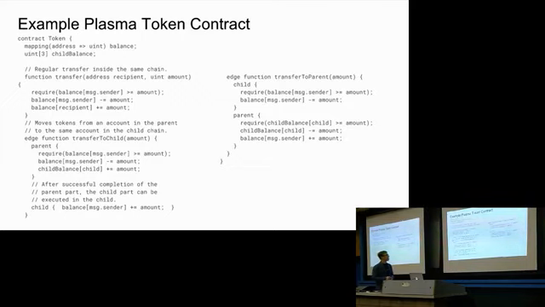Then we have these two functions, transfer to child and transfer to parent. These are special because they are marked with the edge keyword. When functions are marked with the edge keyword, they are executed on an edge inside this tree graph. And this means they are executed both on the parent and on the child.